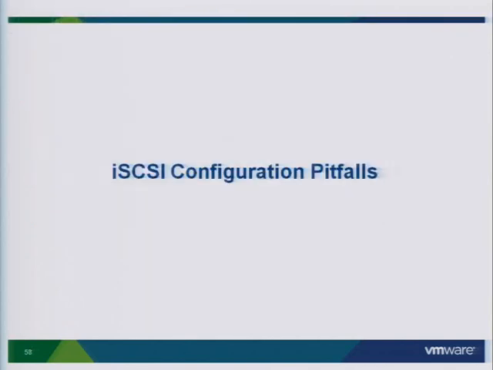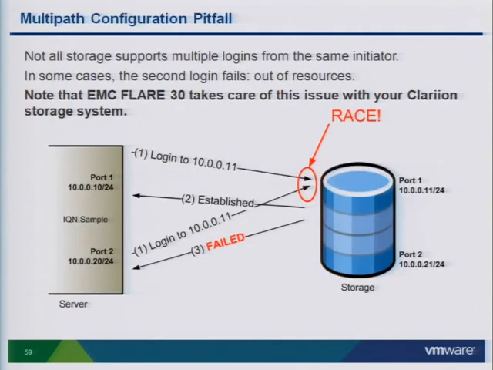I'm going to hit a couple of the iSCSI configuration pitfalls that we hear fairly regularly. One of the biggest ones is working with storage that won't accept multiple logins from the same IQN. This is a case where you're trying to configure ESX software iSCSI multipathing, and you don't end up with good multipathing.